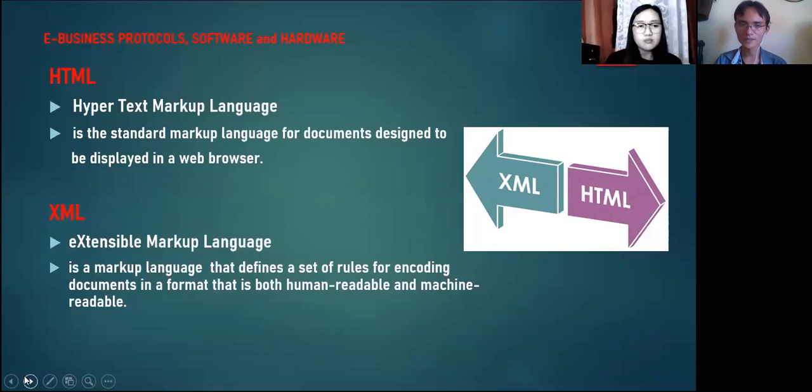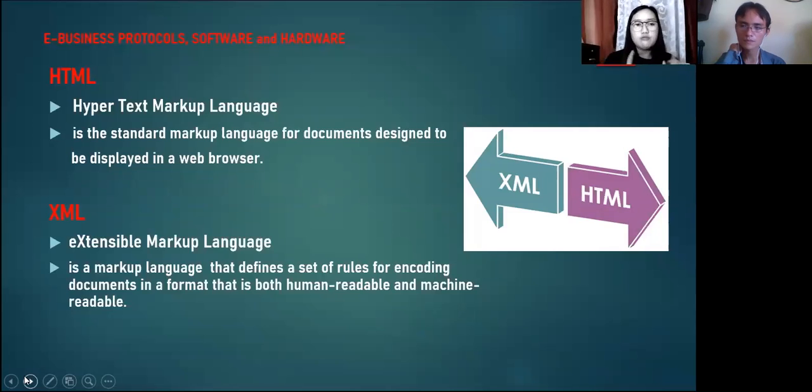XML stands for Extensible Markup Language, and it is a markup language that defines a set of rules for encoding documents in a format that is both human readable and machine readable.